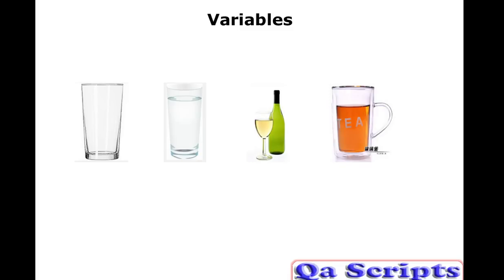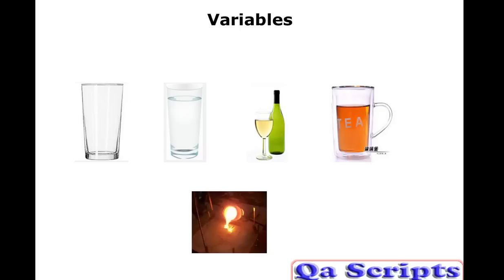Okay, now I want to pour hot melted iron into this glass. Is it possible to hold? No, it cannot, because melted iron has a high temperature that the glass cannot withstand, so it will melt.